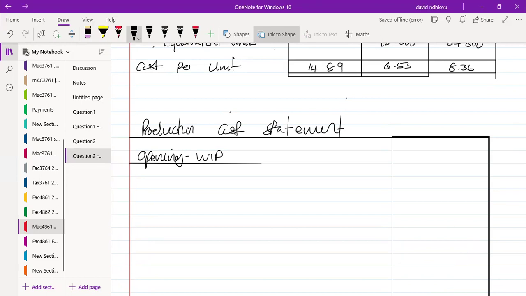So opening WIP now, you can say the material, you can say conversion costs. It will be made up of three things: material, conversion costs, and normal loss. So these are the three things that will make up the opening WIP.